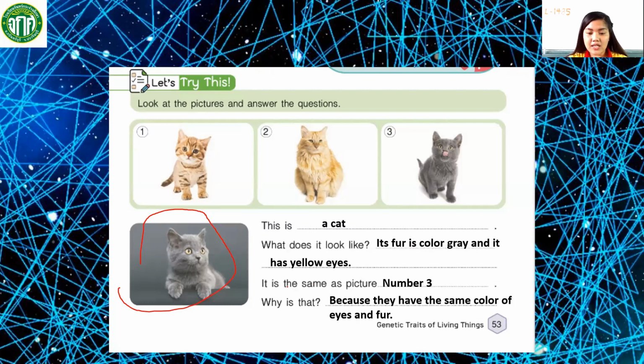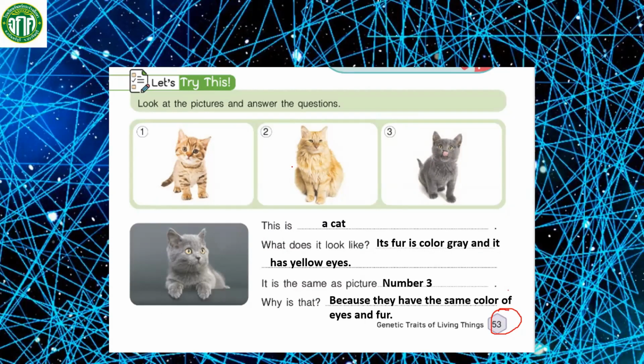It is the same as picture number 3. The right answer is number 3, so they look the same. Why is that? Because they have the same color of eyes and fur. Everyone finished? Yes.